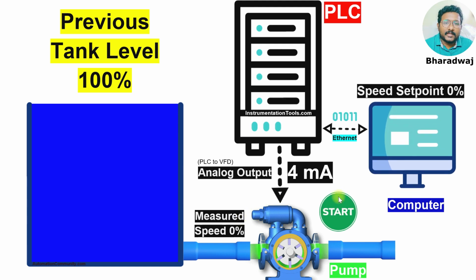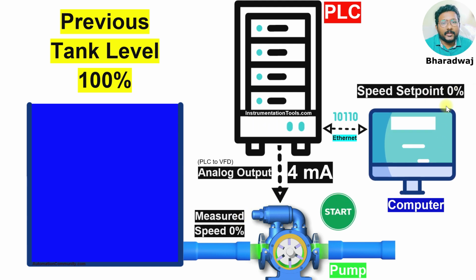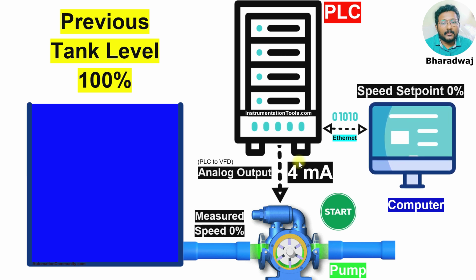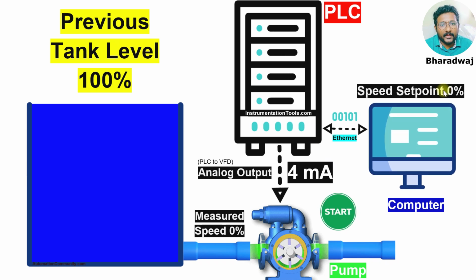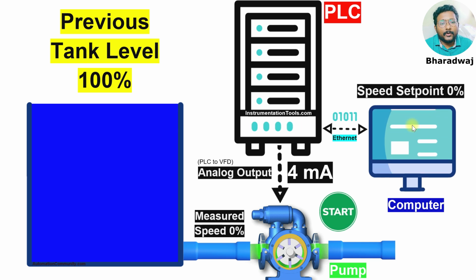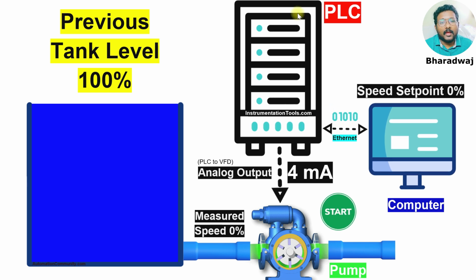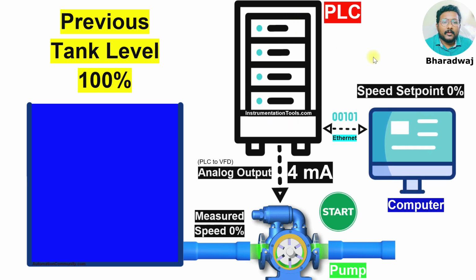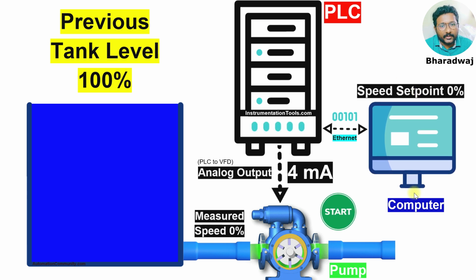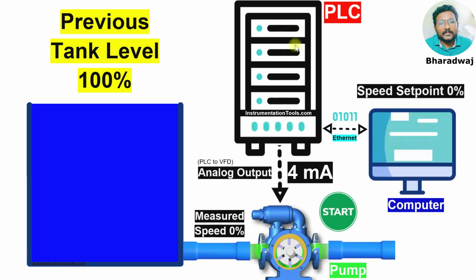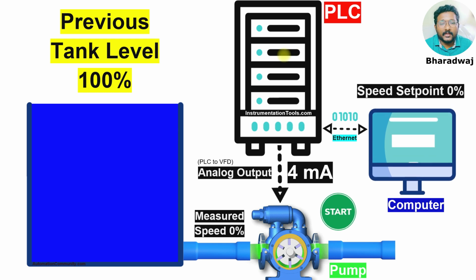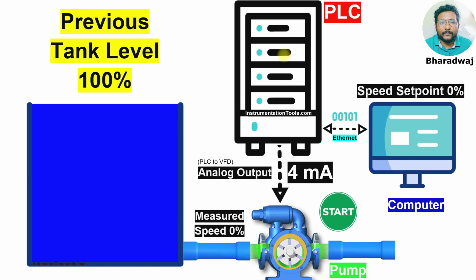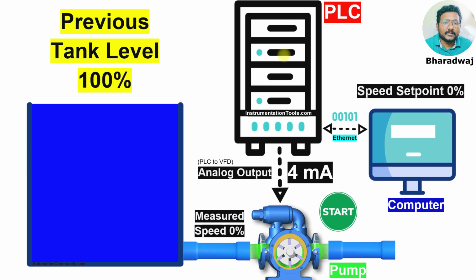Let's say the operator increases the set point. Set point means the required pump speed value. The operator enters the set point here. Then from the computer, the set point will go to the PLC via this communication, and the PLC receives the set point from the computer, then calculates the set point value and converts it into the current signal in the range of 4 to 20 milliamperes.